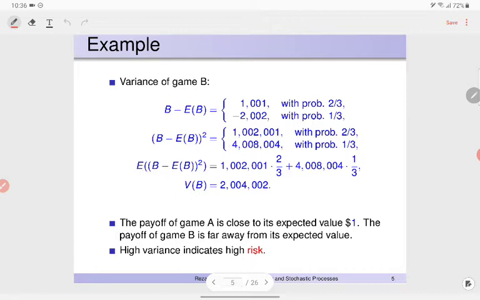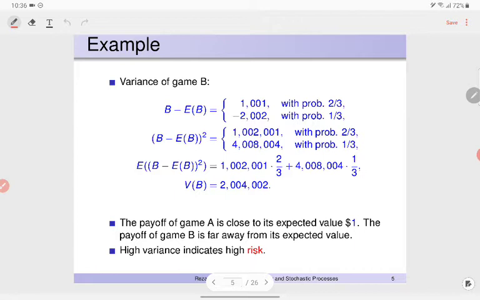You can then compute the expectation of the square, namely 1,002,001 multiplied by probability 2/3 plus 4,008,004 with probability 1/3, and the resulting variance is 2,004,002.